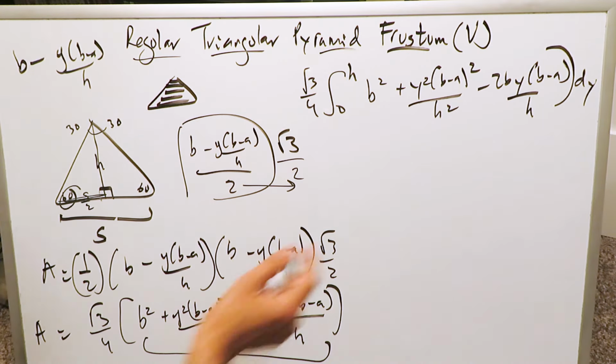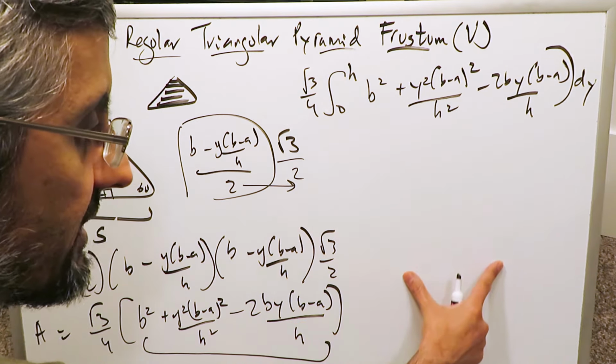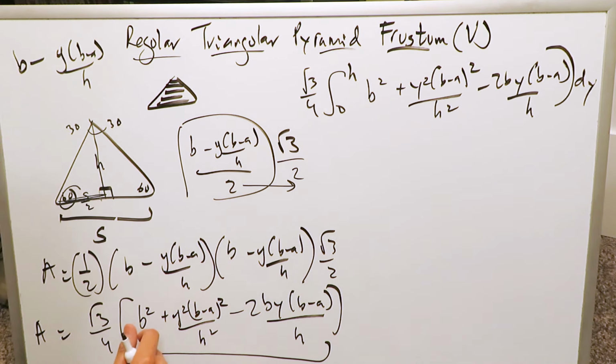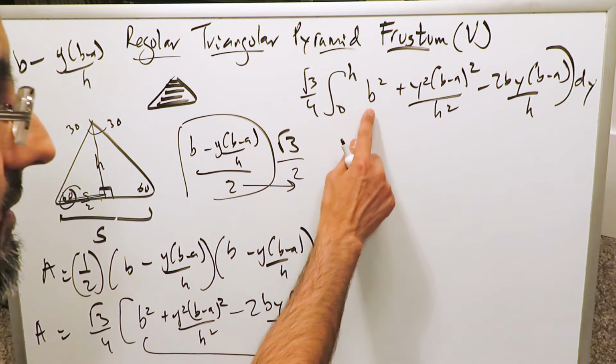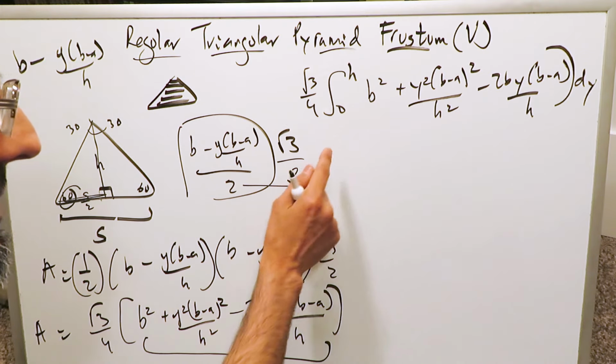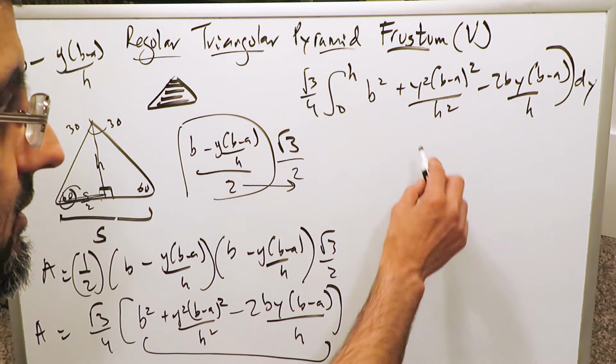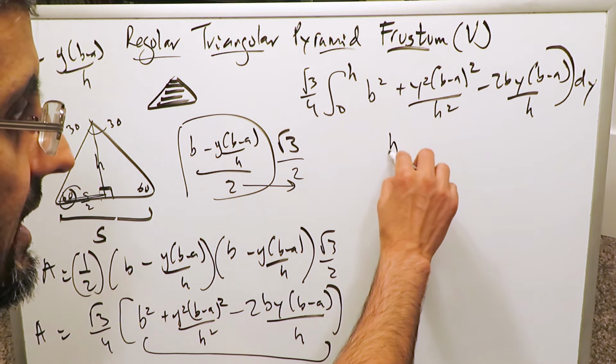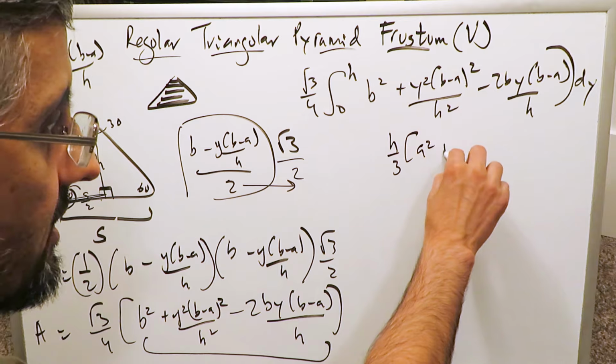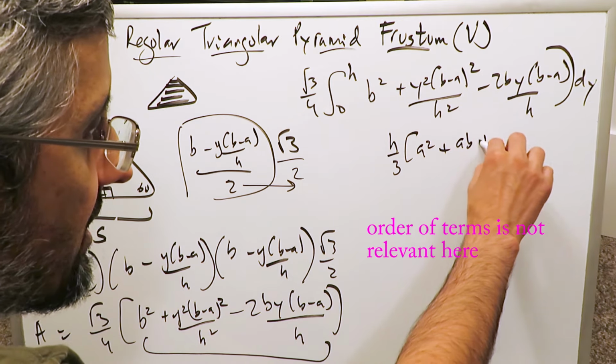Now, it doesn't make sense for me to integrate all of this by means of the algebra. You can look at the previous video, the square pyramid volume frustum derivation video. This integrand is exactly the same as that, except we have this. If you remember that video, what you ended up seeing was h over 3 times a square plus ab plus b square.